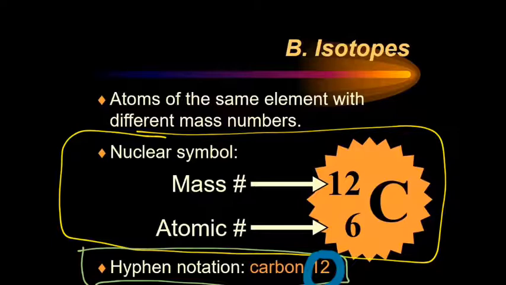This 12 and this 12 are the same value, so that is the mass number. So your element hyphen whatever the whole number mass number is that you have calculated. So you've got a nuclear symbol, you have hyphen notation, and you've got a couple of equations to go with for mass number and atomic number so that we can do some of these calculations.